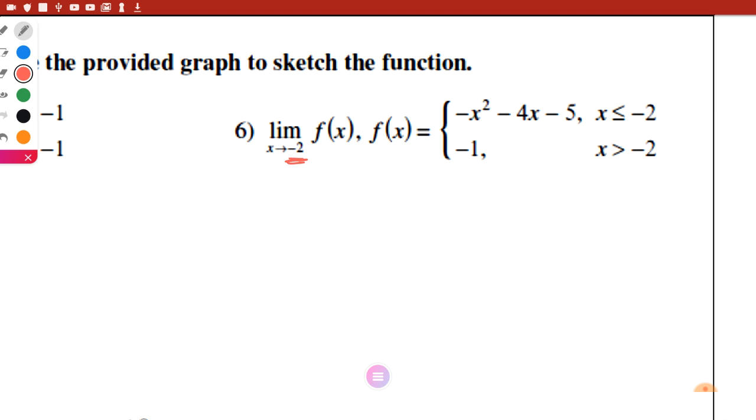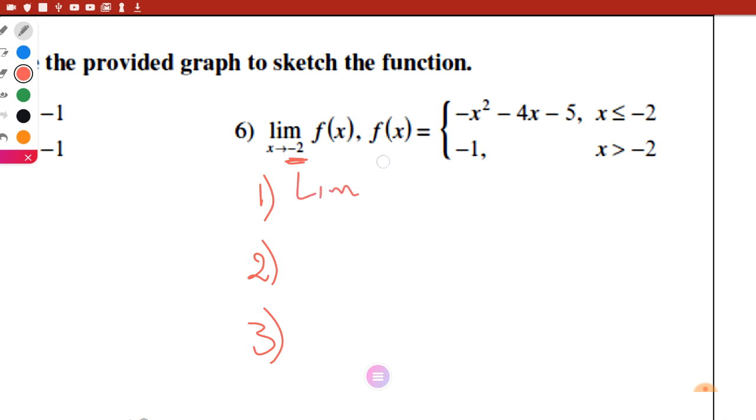Since I don't ask you from which side, you have to find from both sides. Like this problem, it's solved in how many steps? 3 steps. That is my mechanism. Because the limit of this function when x approaches -2 is the behavior from left as the behavior from right. Study well the definition.